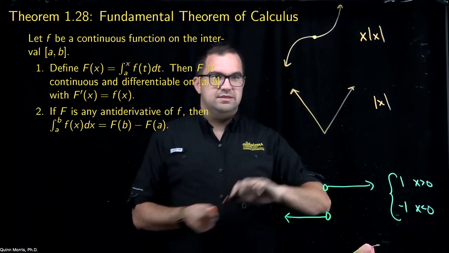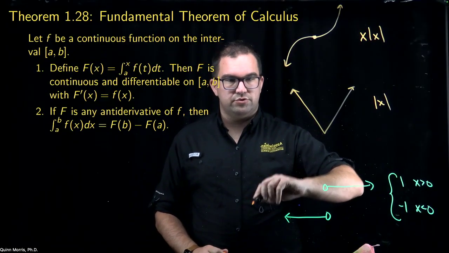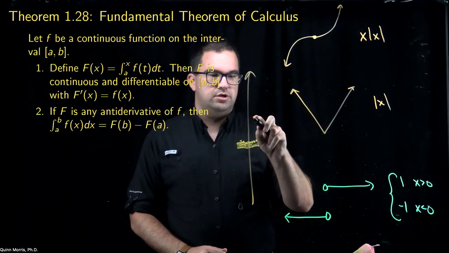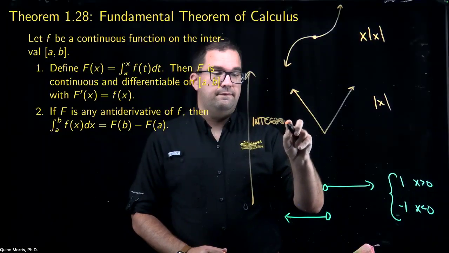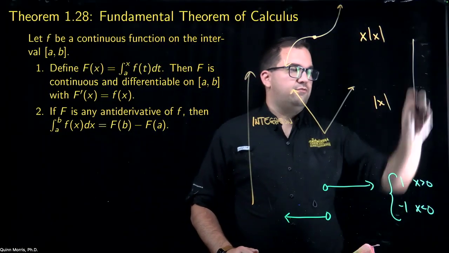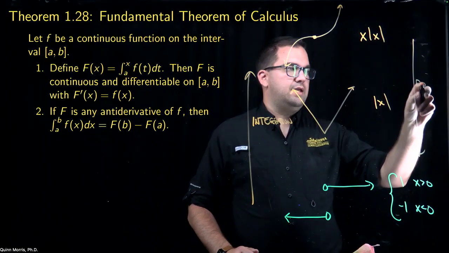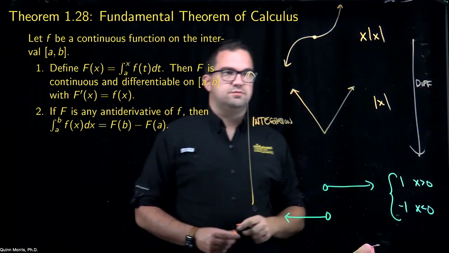So when I think about this, I think about two spectra: you have integration going this way, making functions smoother, and you have differentiation going this way, making functions less smooth.